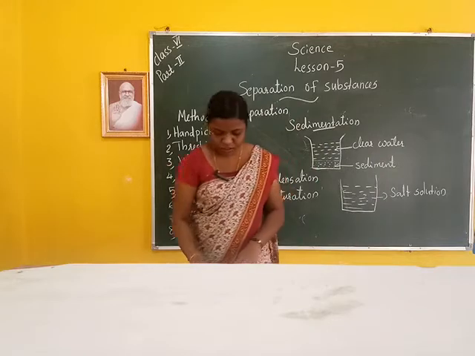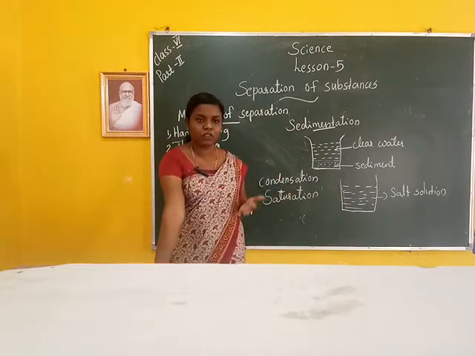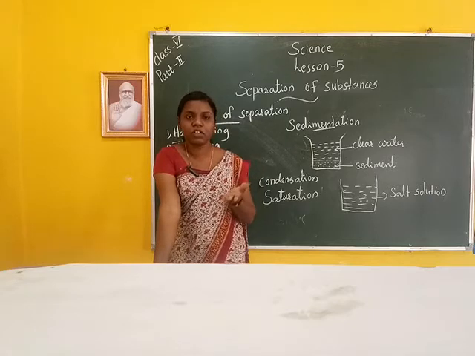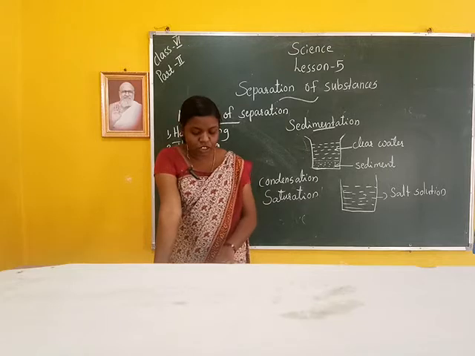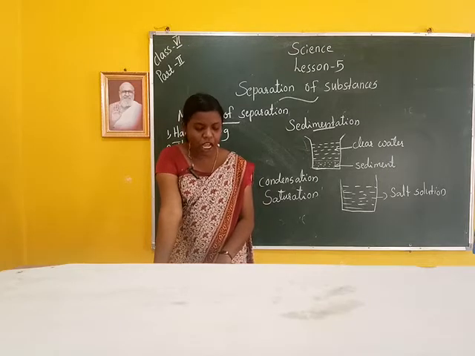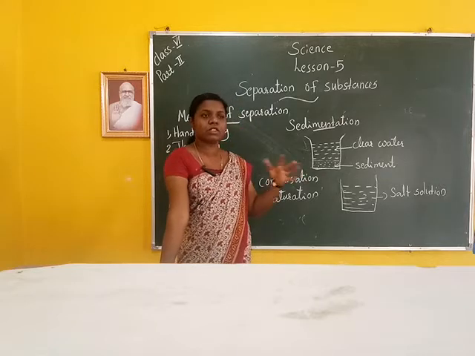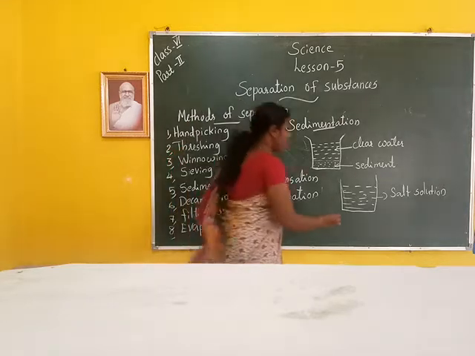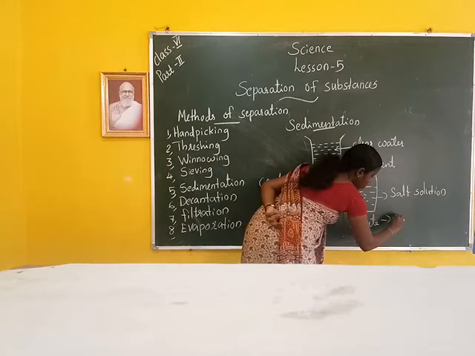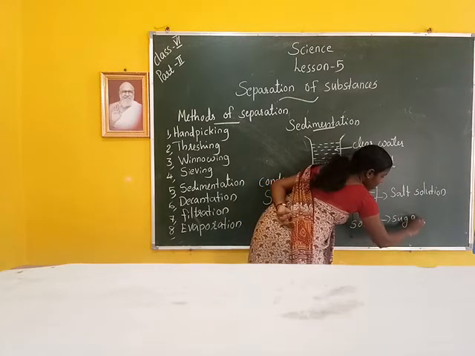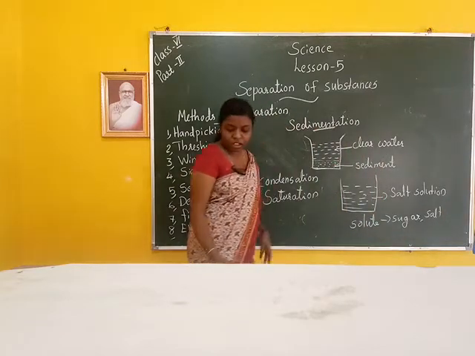Then another example is lemon juice. You make lemon juice using water, lemon, sugar or salt. Solute means the substance that is mixed with water. Examples of solutes are sugar and salt. Water is the solvent, the substance in which the solute dissolves.